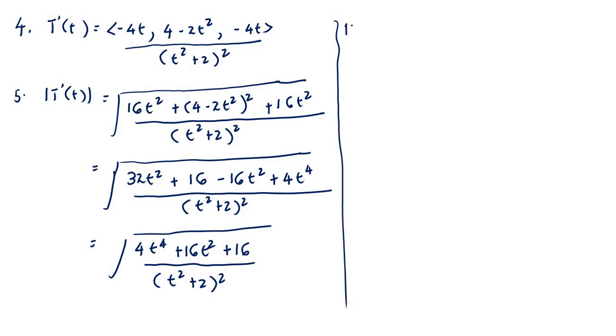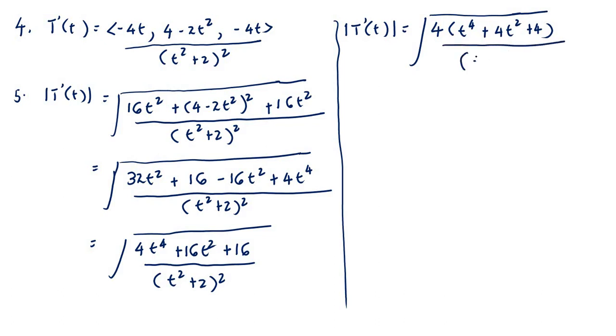So the magnitude of T prime t. Simplify it, factor out 4. So t power 4 plus 4t squared plus 4, divided by t squared plus 2 squared, with 4 outside.